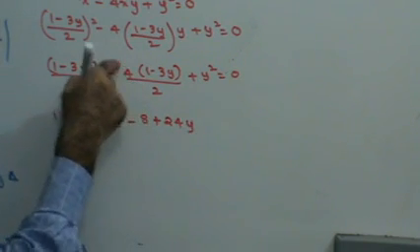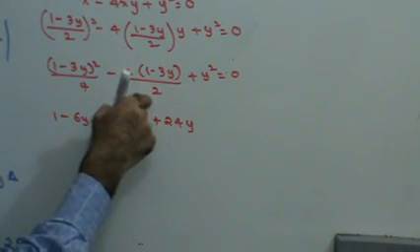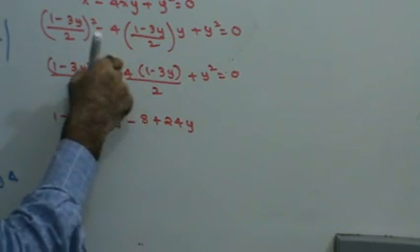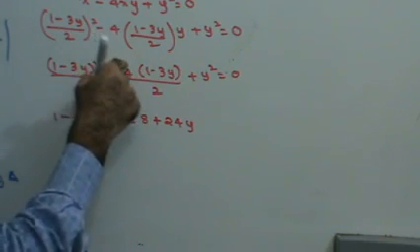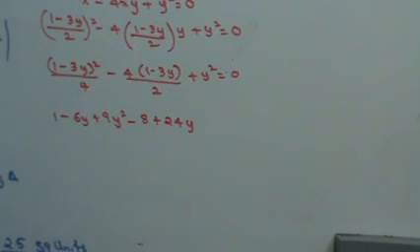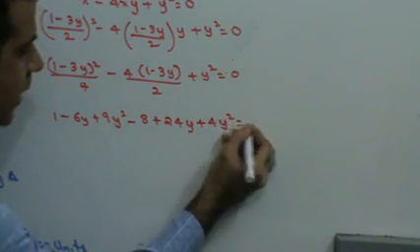I'm taking the LCM, so this number becomes 8. The denominator was 2. To make the denominator 4, I multiplied the denominator by 2, so I have to multiply the numerator also by 2. So 8 into 1 is 8 and minus 8 into minus 3 is plus 24y, plus 4y square is 0.